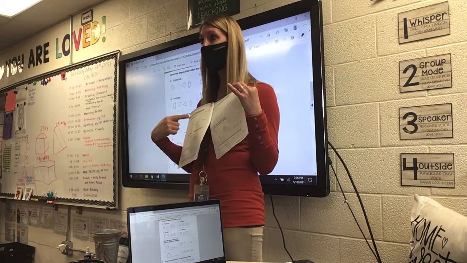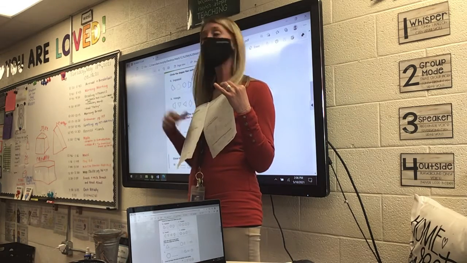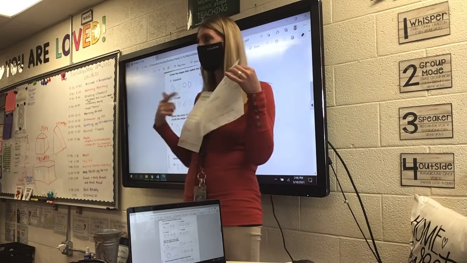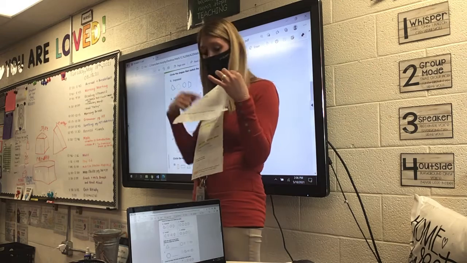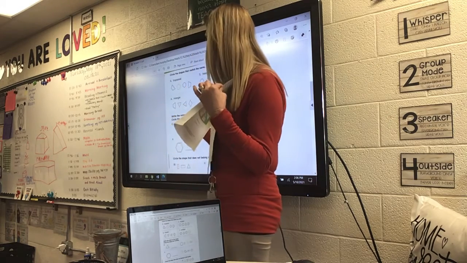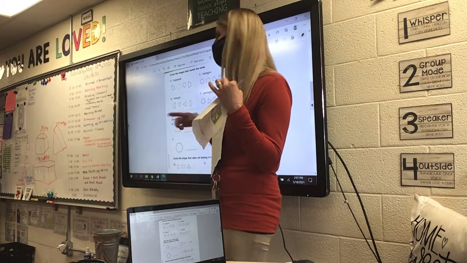Yeah, back here, right on the guided practice. So you have this to help you. So don't raise your hand and say, Mrs. Murphy, I don't know what a trapezoid is. Look back on the guided practice and match it.